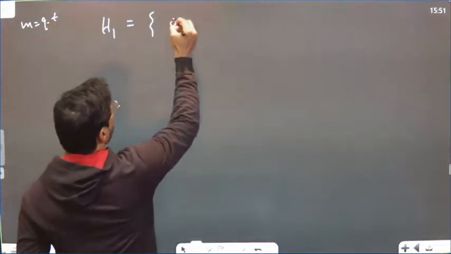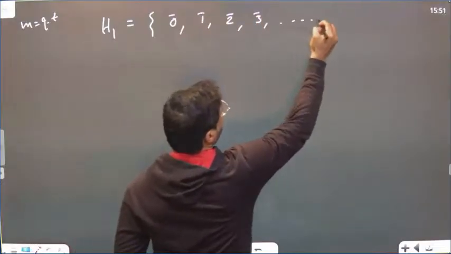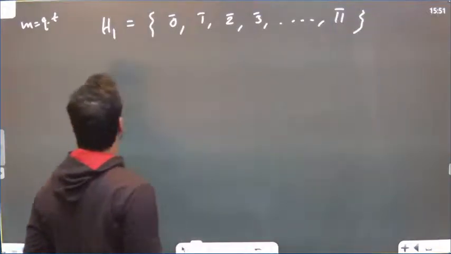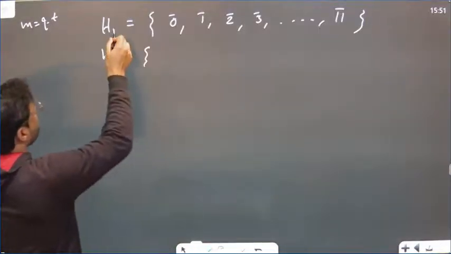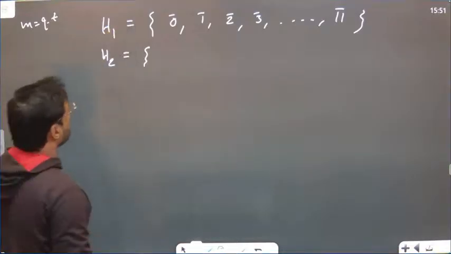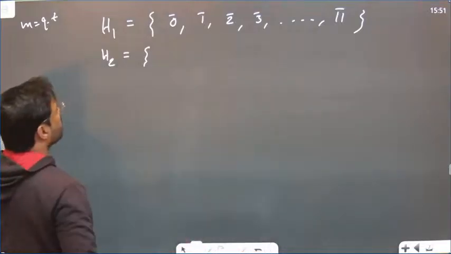So we get 0, 1, 2, 3, up to 11. So this is the subgroup corresponding to divisor 1. Second, corresponding to divisor 2.